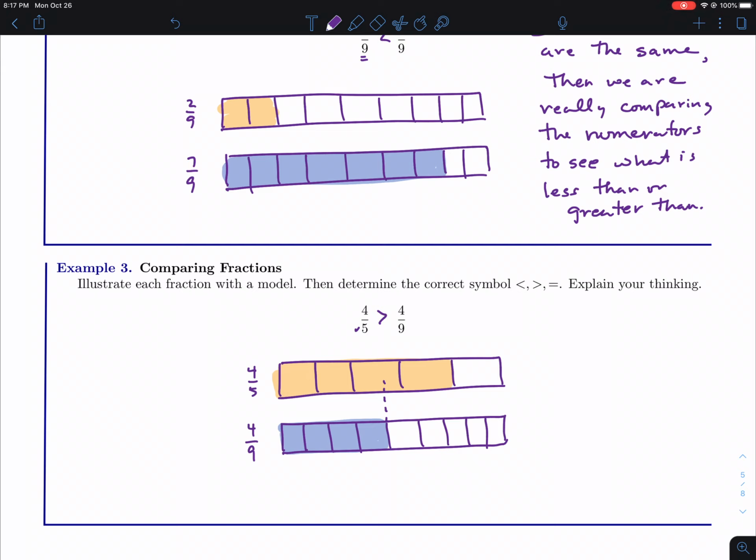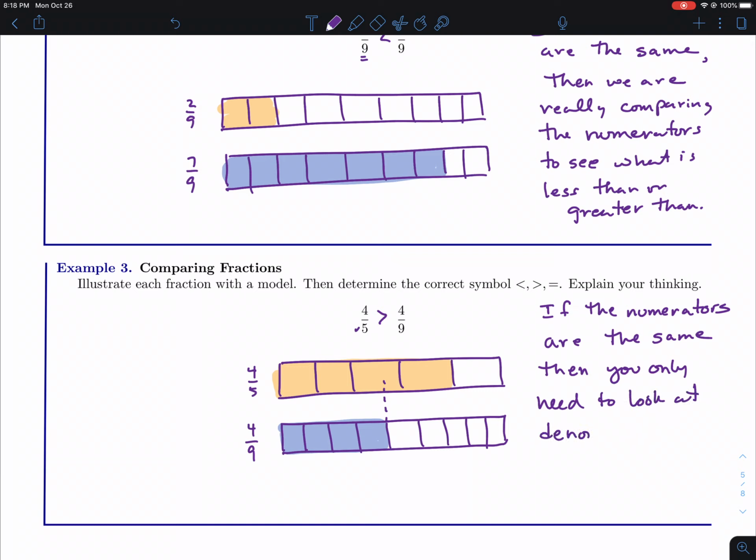And this is actually going to be true in general too. So if the numerators are the same, then you only need to look at the denominators to see which is bigger or smaller.